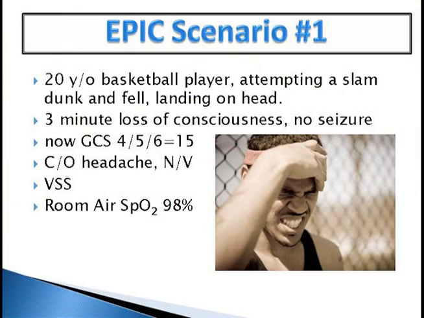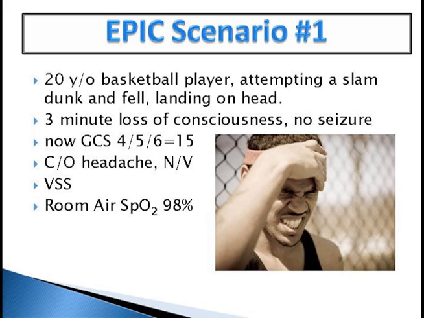So, epic scenario number one: a 20-year-old basketball player attempting a slam dunk fell, landing on his head. 3-minute LOC, no seizure, GCS of 15. This is the guy, and you see these patients that are playing sports and got their bell rung, they had some LOC, and now you get there and they actually look good and they're awake.